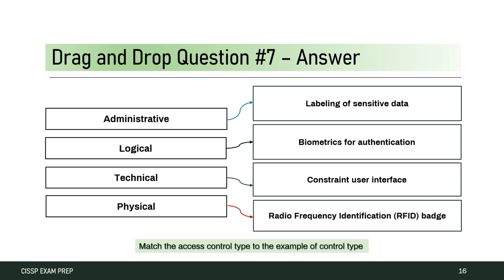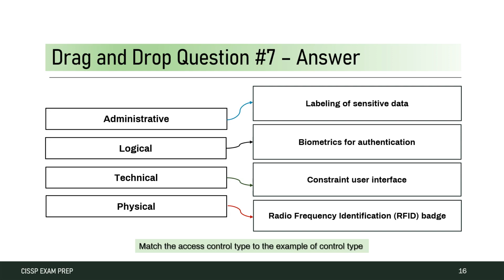The administrative control is about anything done by the person, like a labeling of sensitive data is an example of the administrative security control. Logical access control could be presented by having biometrics for authentication, and for the technical, we got constrained user interface.